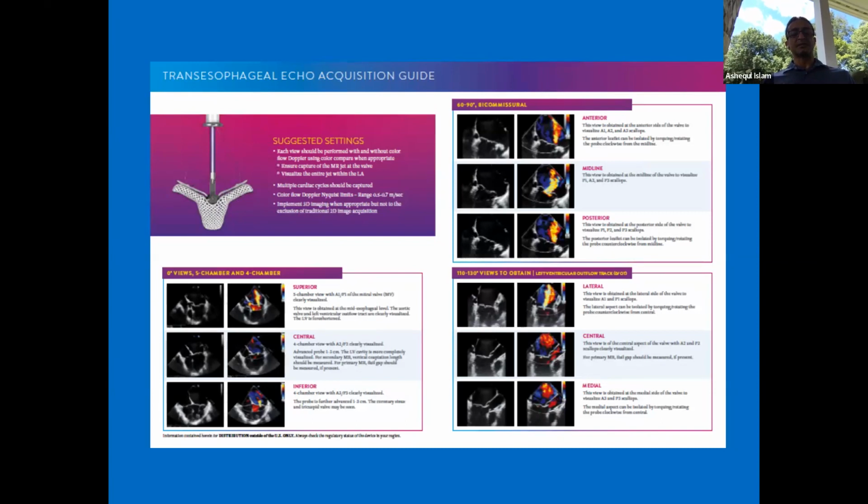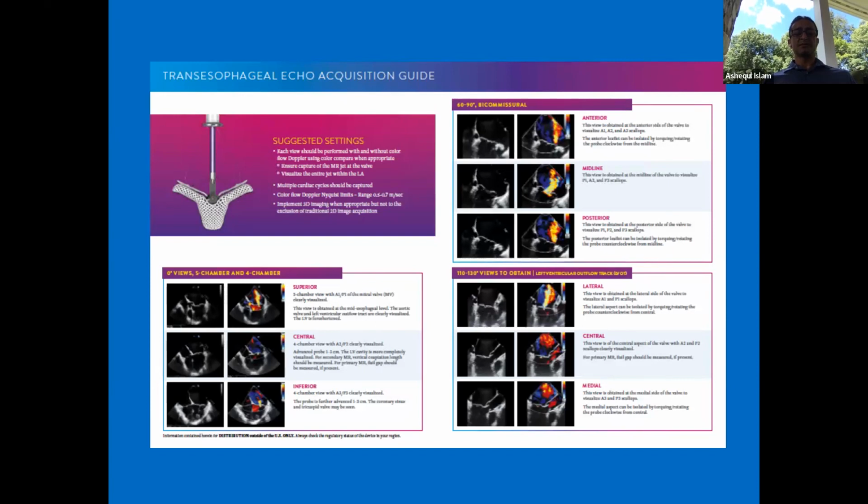If you think about a fish mouth, the medial aspect of that fish mouth of the mitral valve is A3P3. The mid segment is A2P2, and the lateral segment is A1P1. So to start off at 0-degree angle, in the 5-chamber or 4-chamber view, you start evaluating the valve with or without color. The superior aspect will show the lateral aspect of the valve, that means A1 and P1.